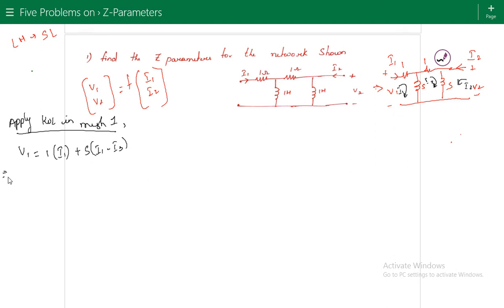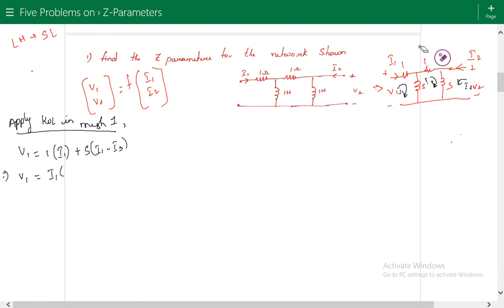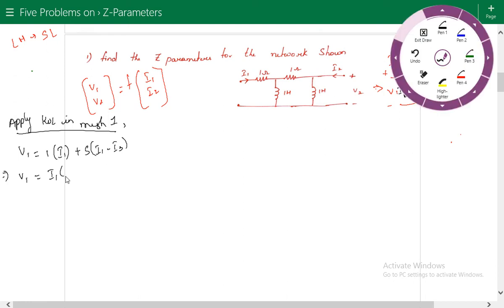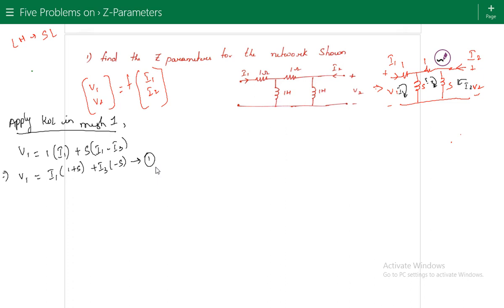So V1 equals I1 into 1 plus S, plus I3 into minus S. I am considering this as equation 1: V1 equals I1 into (S plus 1) plus I3 into minus S.